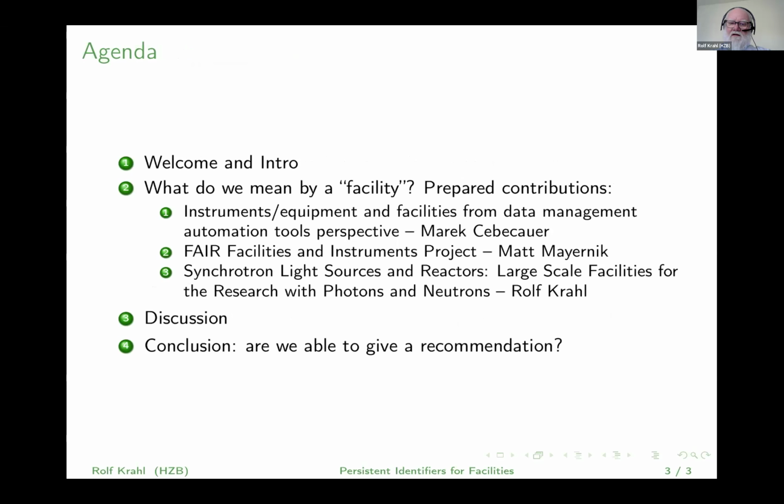We will now have a few contributed talks ahead with some input on what we mean by facilities. The first one will be by Marek Zezelbauer on facilities from a data management tools perspective. We will have a contribution by Matt Meyernick on a project on FAIR facility and instruments that is, I believe, running for about 2 years, but Matt will tell us.